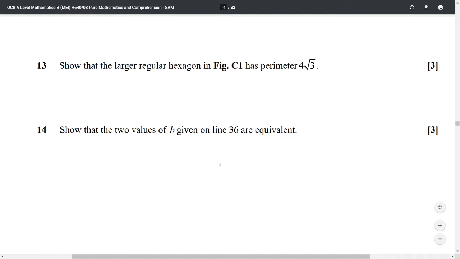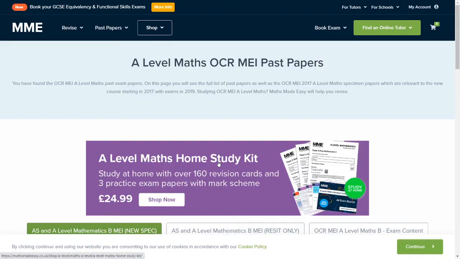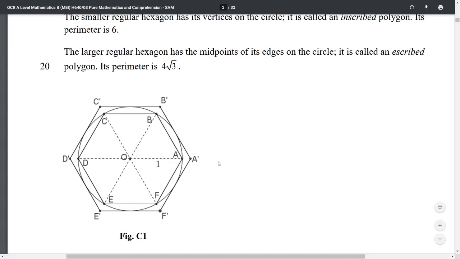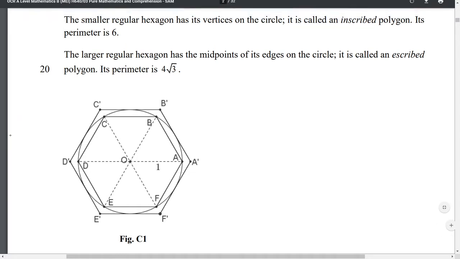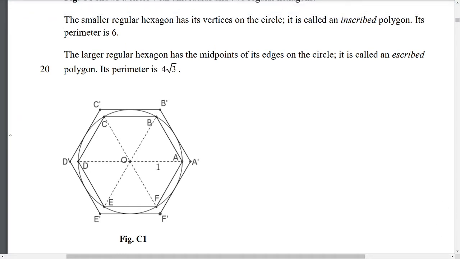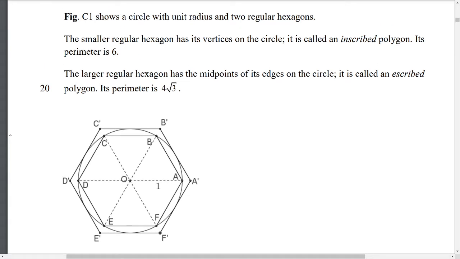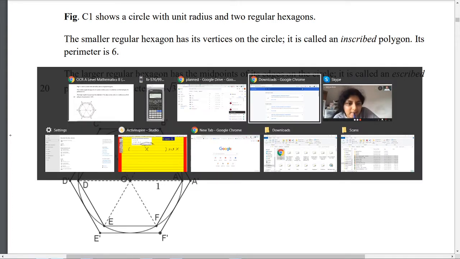So show that the larger regular hexagon has this perimeter, its edges of the circle. I'm not really sure how you show that.